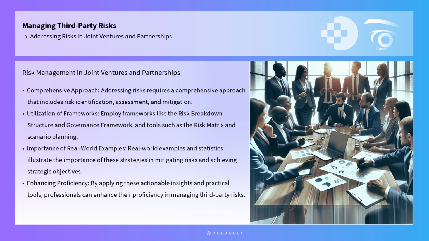Real-world examples and statistics further illustrate the importance of these strategies in mitigating risks and achieving strategic objectives. By applying these actionable insights and practical tools, professionals can enhance their proficiency in managing third-party risks and contribute to the overall success of their organizations.